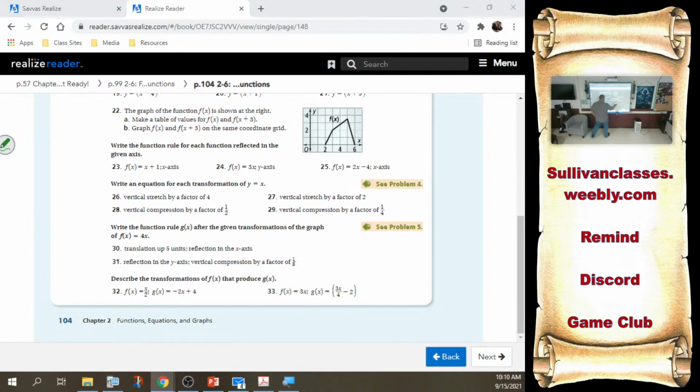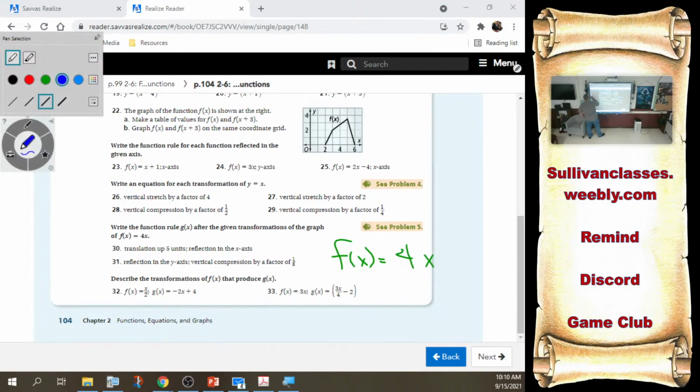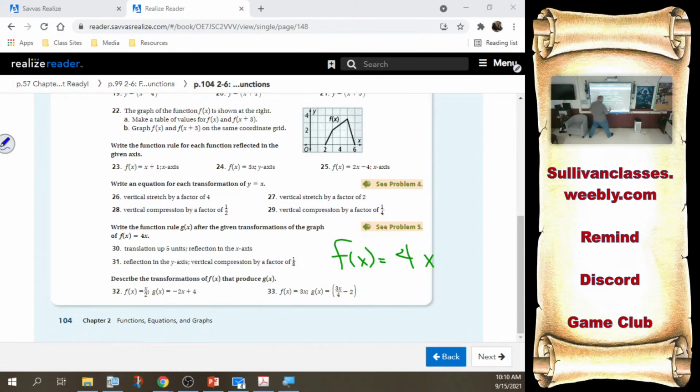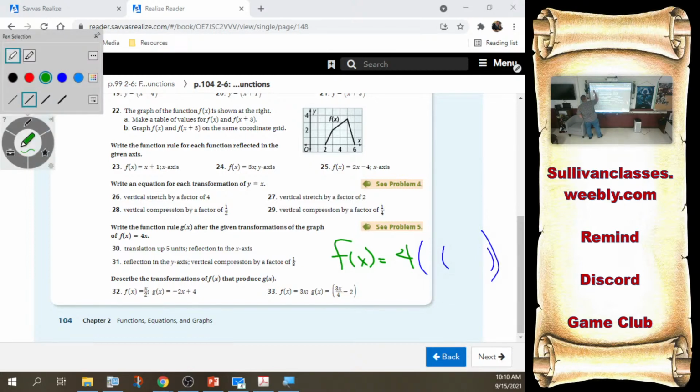Take this rule. F of x is 4x. Now, while I'm here, I'm going to slide that x over a little bit. And I'm going to leave blank spots.